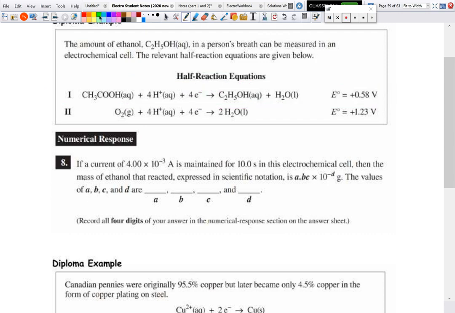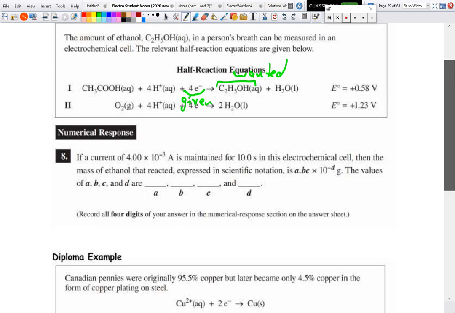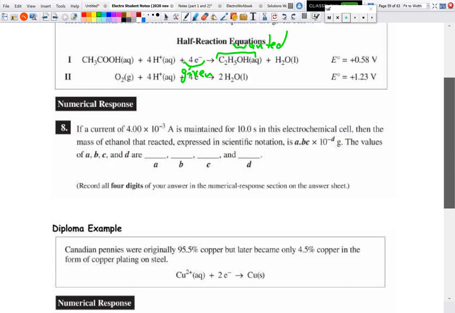So we know that in this case, this is our wanted. So of course you can apply all of the steps for stoichiometry. And when you're done, just check the PDF of the answer key and see if you get the answer right. And if not, just email me and we can go over it together.